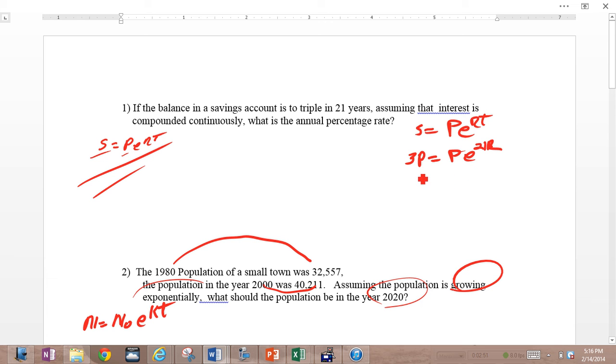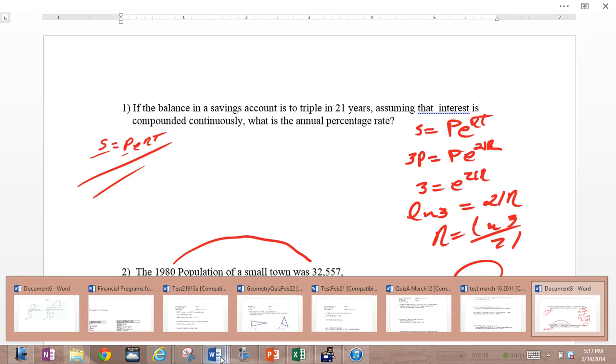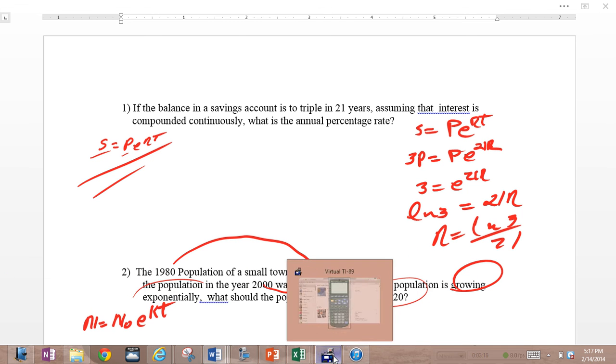So our ratio is 3, so we got 3 is equal to e to the 21r. Take the natural log of 3. Natural log of this side will just give us the 21r. So r would equal the natural log of 3 over 21, which we'll ask our calculator for the actual decimal value.